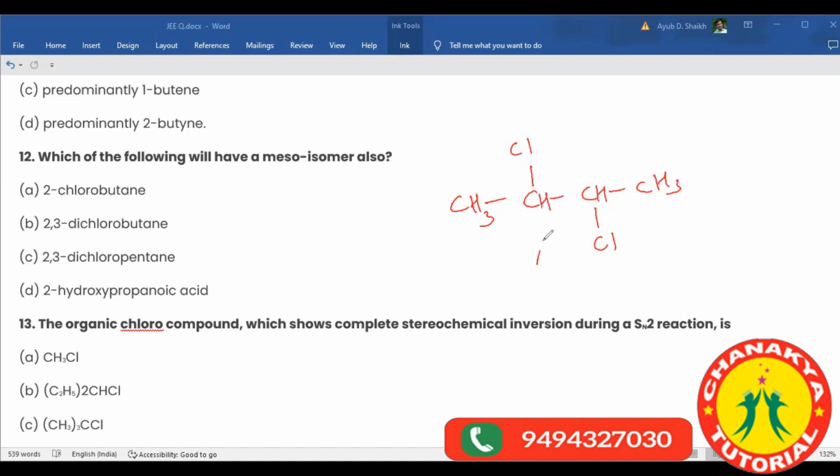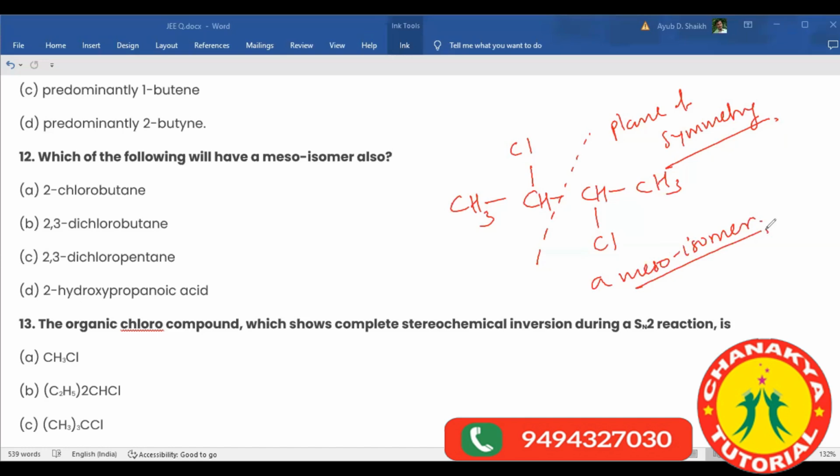I can cut this compound from the center in this way. Isn't it? It has a plane of symmetry. And if it has a plane of symmetry, what does it have? A meso isomer. Okay, please note it down. Clear? Yes, ma'am.